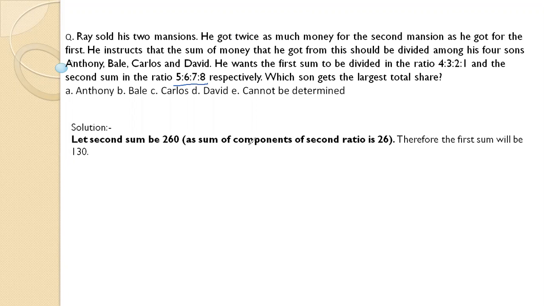And you know that the second sum is twice as large as the first sum. So automatically, the first sum, which is divided in this ratio, is 130, half of 260, because 260 should be twice of that. Now, once you do that, the calculations become simpler.